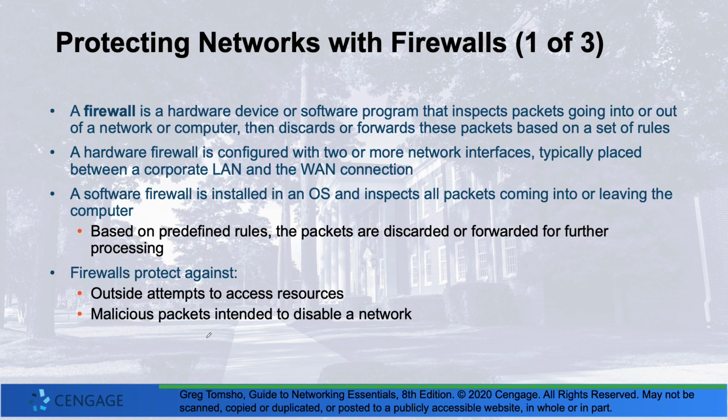A firewall is a piece of hardware that inspects packets going in or out of the network, and then discards or forwards these packets based on rules. Like I said, you can say what IP address they're coming from, what service they want to use, what time of day it is, the protocol they're using.